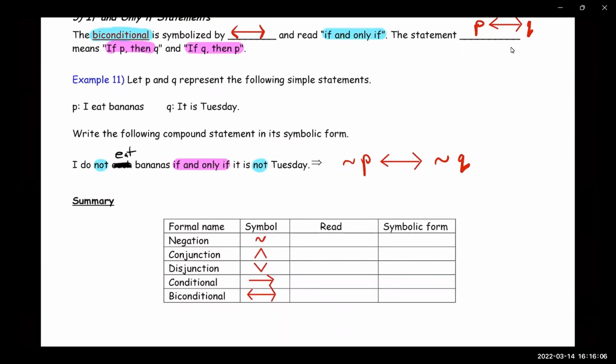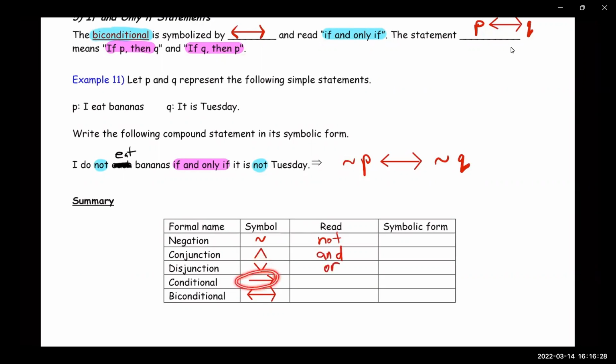This one's read "not," right? This one, anybody remember how you would read this symbol? And, yeah. Then the next one, was it "or"? Or.